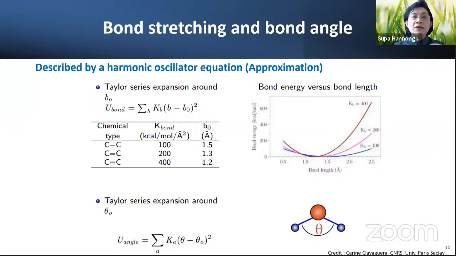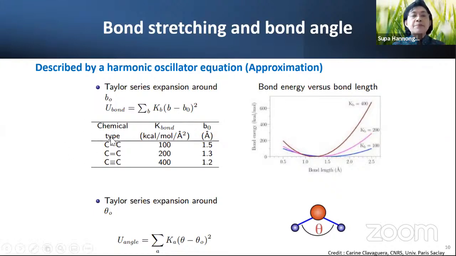In the oscillator, when you have stretching, the two atoms move in and out, and there is an equilibrium distance between them. The equilibrium distance is B0. Then we subtract it from the bond length between two atoms, and you get the value over here, and you have the force constant. The constant over here we call the force constant of bond stretching.